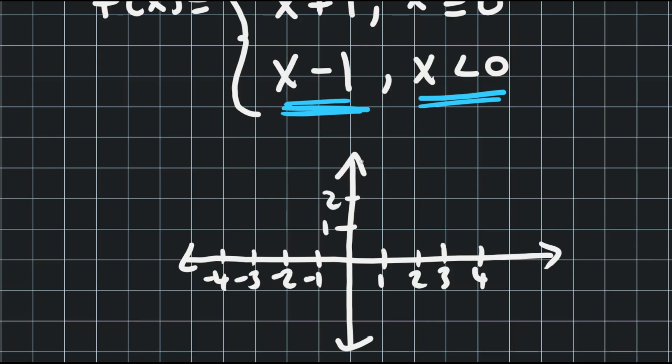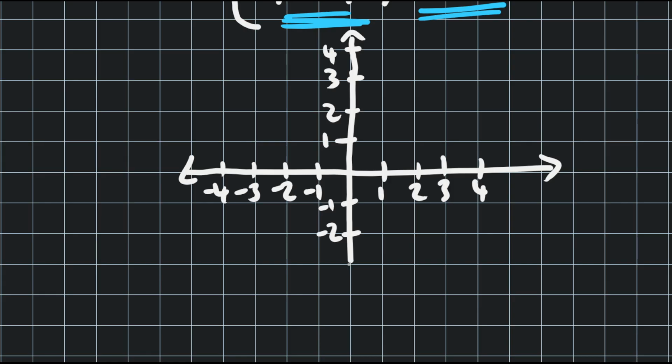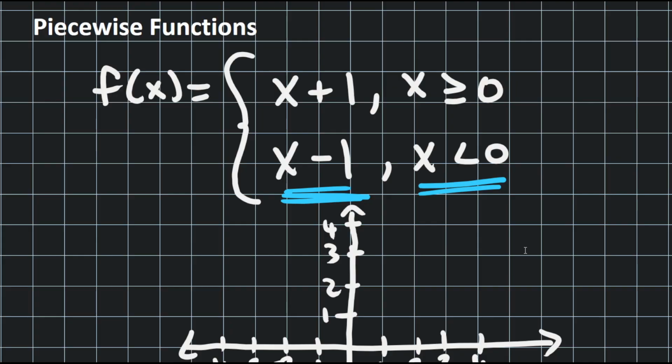Let's make this a little larger so we can fit 3 and 4 in there. Negative 1, negative 2, negative 3, negative 4. Okay, great. So how do we graph this function f of x?